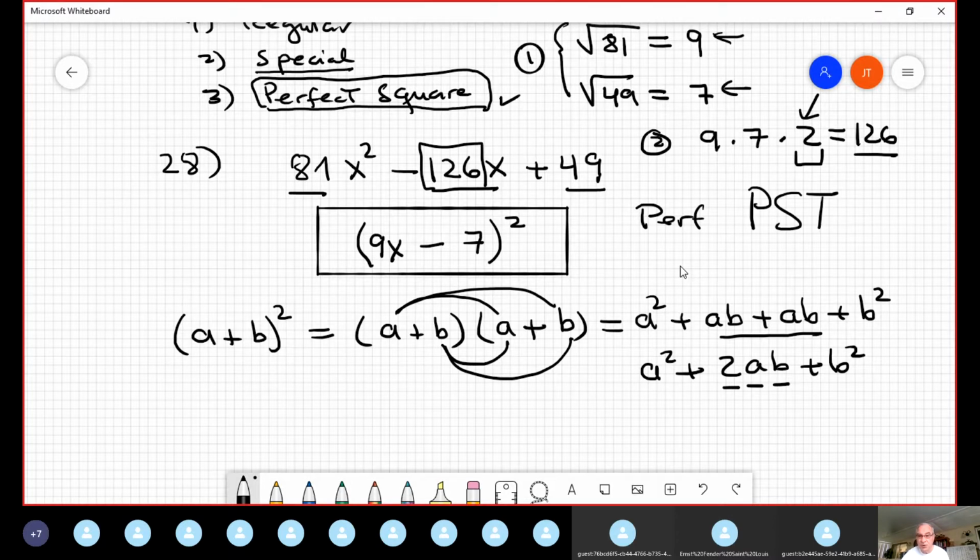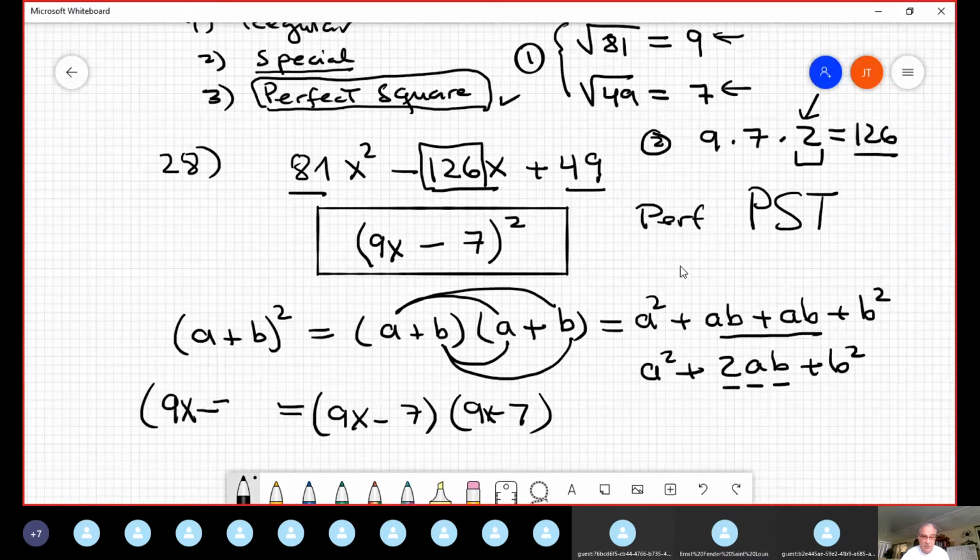Perfect square trinomial. So the factorization contains only one parenthesis because they are twin brothers. So you can write it like that: 9x minus 7 times itself. Exactly twin brothers. But it's a much better, more compact way to write it like that: (9x minus 7) squared. Super.